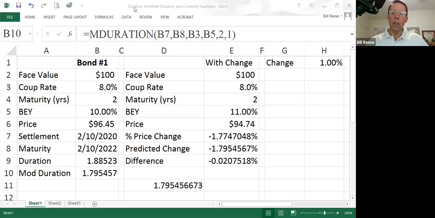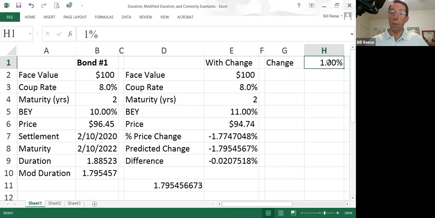So let's go back to our Excel spreadsheet so we can see this a little bit better. All right, and we see here that bond number 1 again, we've got here a change of 1%. That is going to affect column E. So columns A and D are basically telling us the same thing.